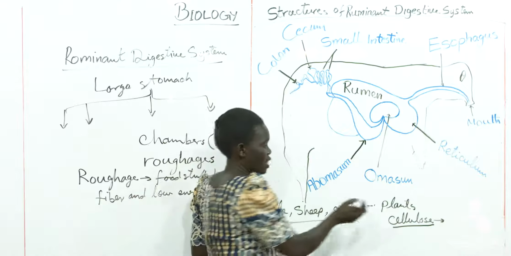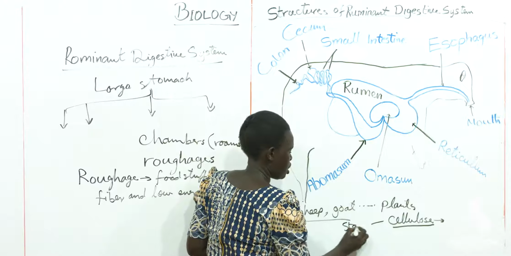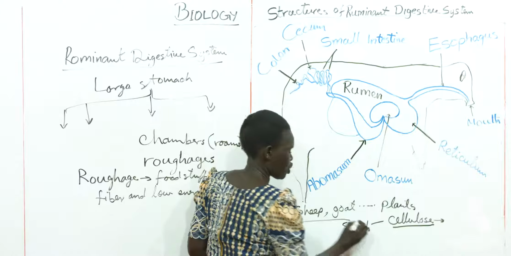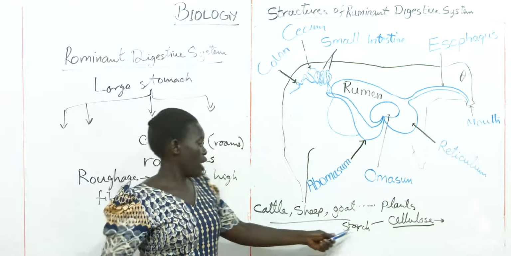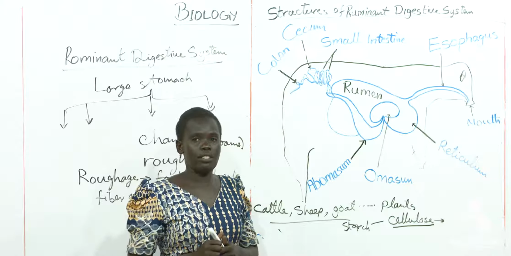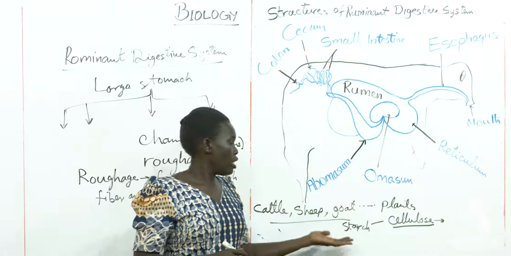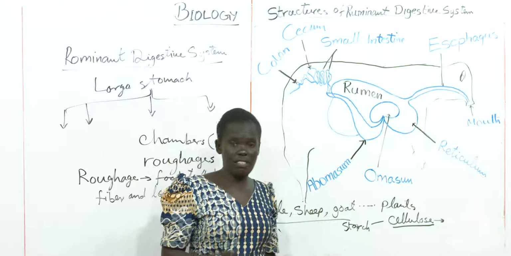At the same time, plants store starch, also a type of sugar, stored as food. It is easy to digest by an enzyme called amylase.